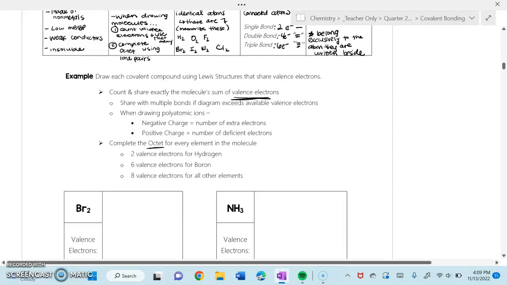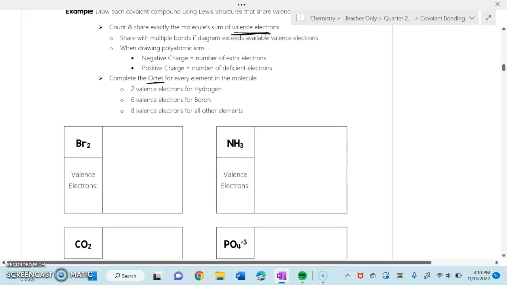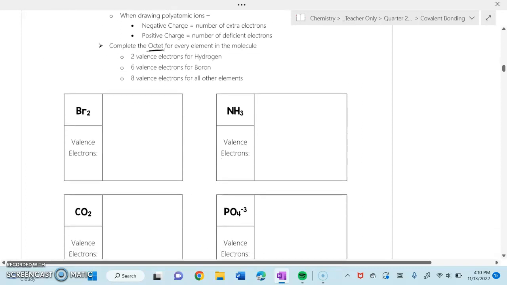And here we have listed the different octets. Remember that hydrogen is stable with 2 and all else are stable with 8. There's one other kind of exception to this octet rule for covalent. Boron is content with 6. So that's just another little rule, kind of funny, but boron is okay with just having 6 valence electrons.